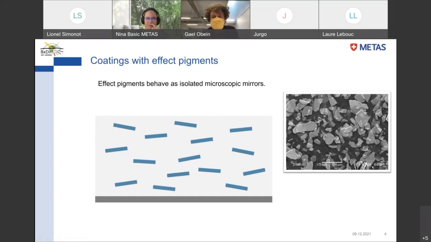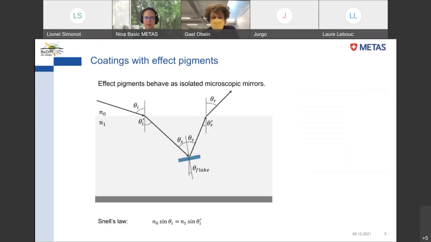So what we have is these pigments inside, and they behave as isolated microscopic mirrors. What does this mean? If we take a look at just one flake, we see how the light actually travels to the flake and back. At one direction, the light impinges onto this whole coating.